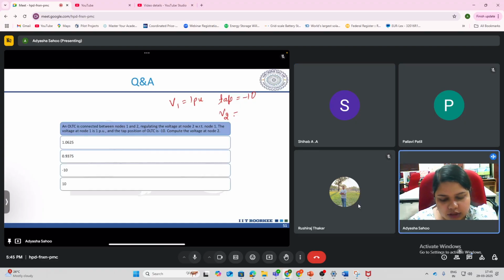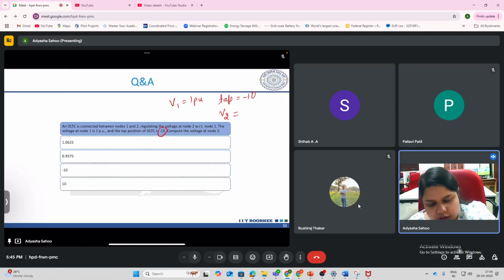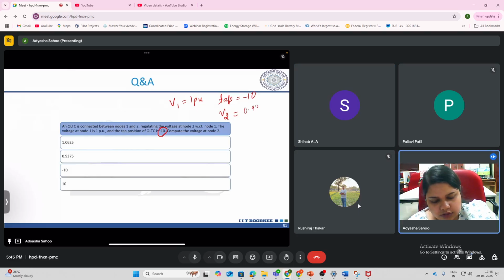It will decrease the voltage, no? It is minus 10. A tap position of minus 10 means you are decreasing the voltage from 1 per unit. Yeah, it is 0.9375. Basically, one tap position was 0.00625 per unit, so 10 taps will be 0.0625 and it will be minus.